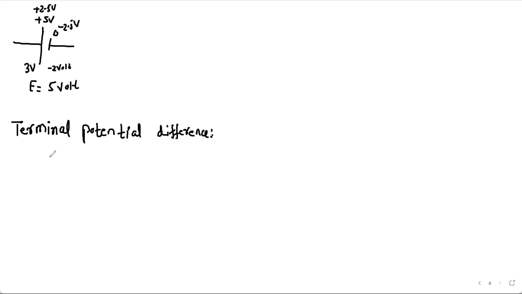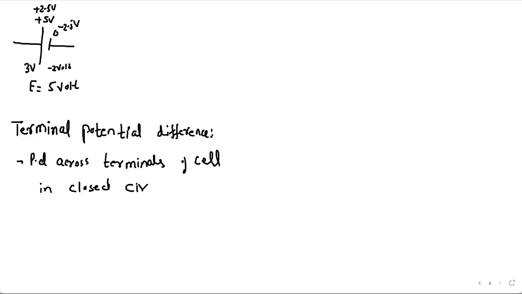Terminal potential difference is the potential difference across terminals of cell in closed circuit. If it is an open circuit, then this is EMF. If this is closed circuit, then this is terminal potential difference.